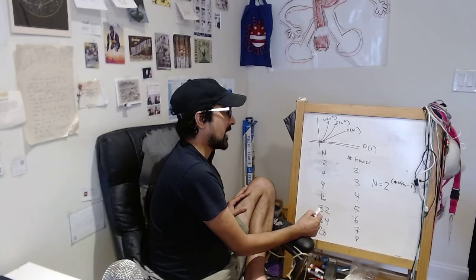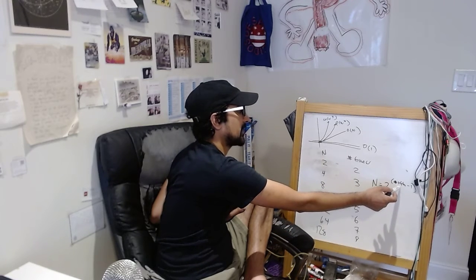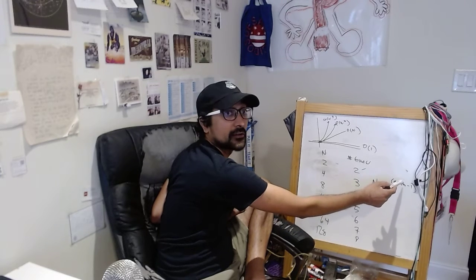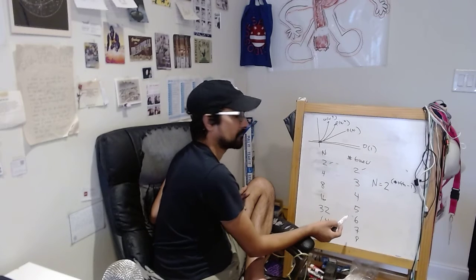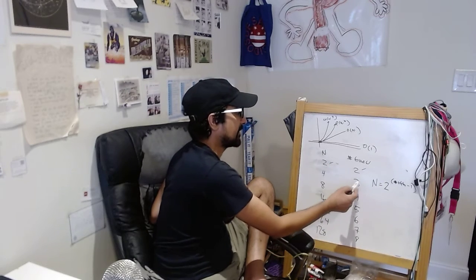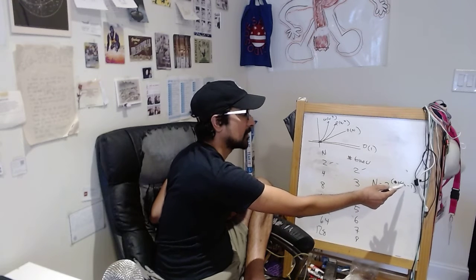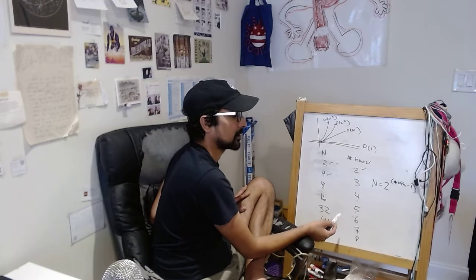As if to say, 2 to the power of number of guesses, in this case, will be 2 to the power of 2 minus 1, which is 1, and that'll equal 2. Okay. And then if the number of guesses is 3, we go 2 to the power of 3 minus 1 is 2, so 2 to the power of 2 equals 4.